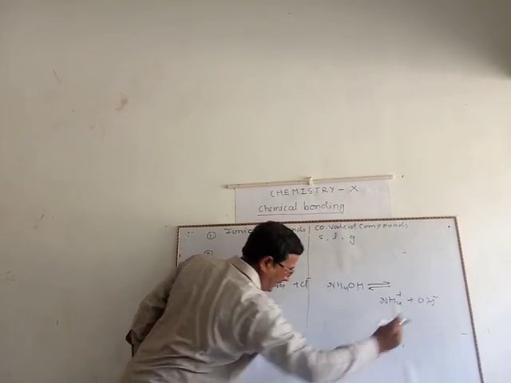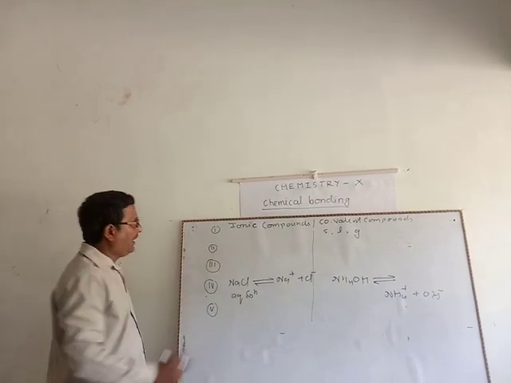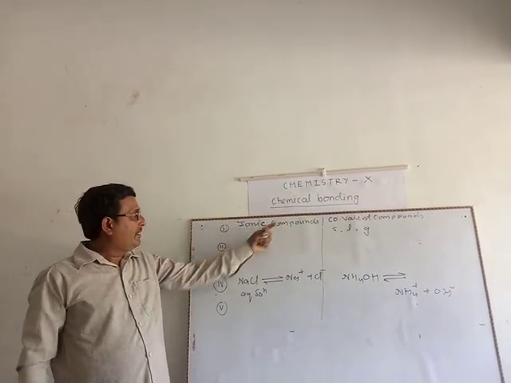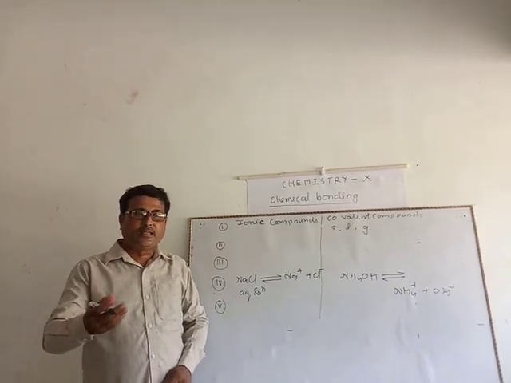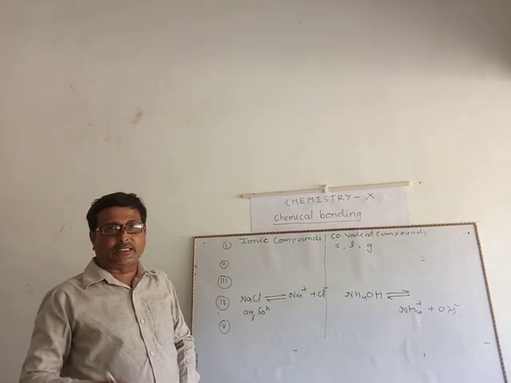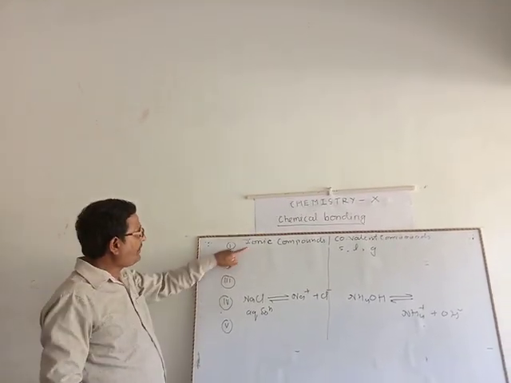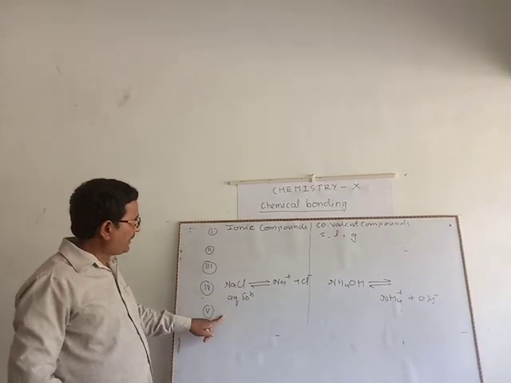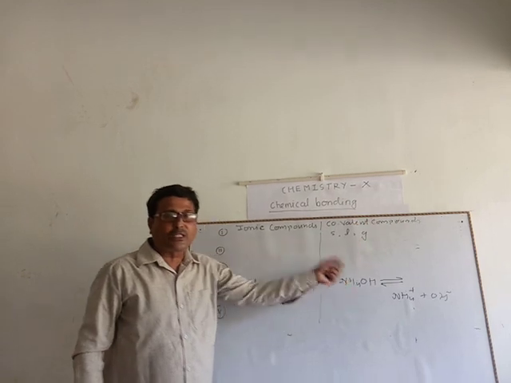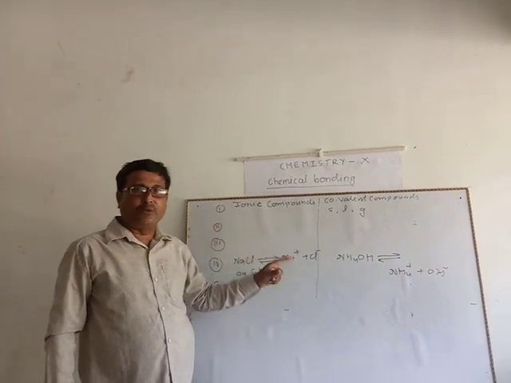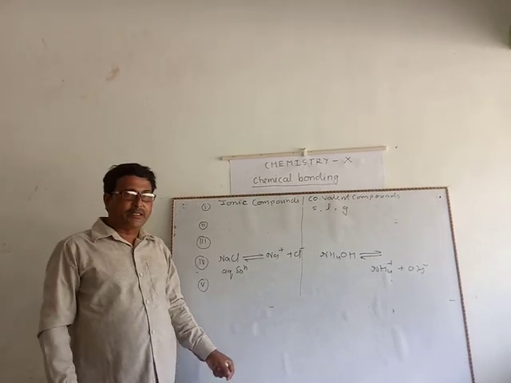This reaction is called ionization. Next point, solubility. Ionic compounds are mostly soluble in water. Water is a universal solvent, you know, because it has a high dielectric constant, and water is a polar covalent compound. Ionic compounds are mostly soluble in water, whereas covalent compounds are soluble in organic solvents. So this difference is given here, page number 34.